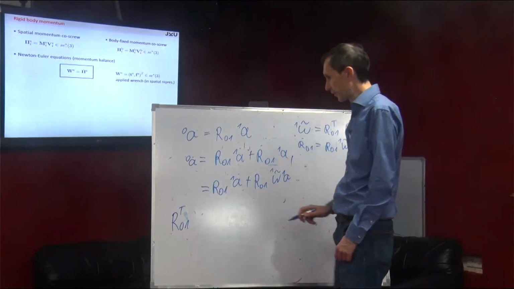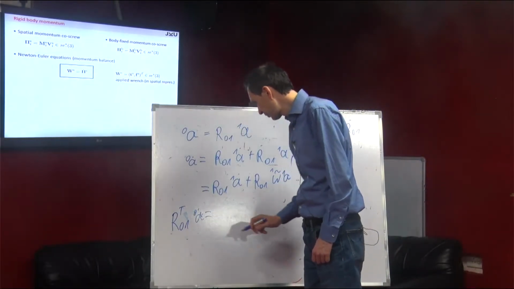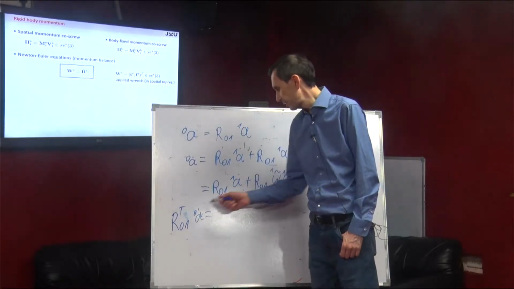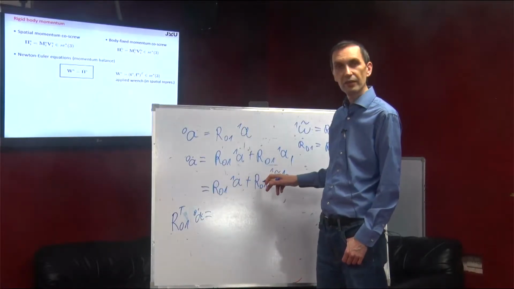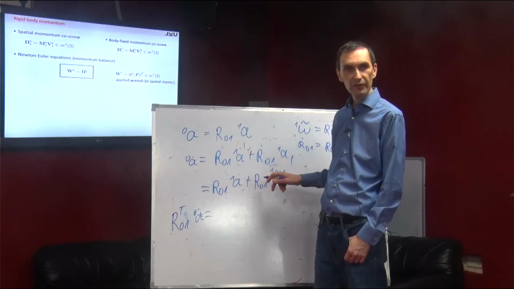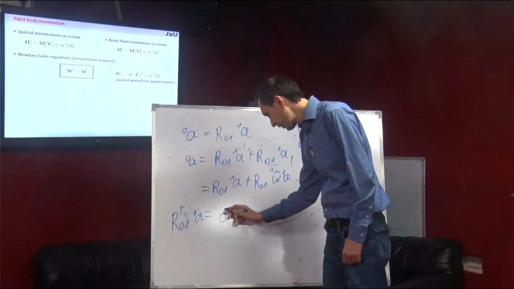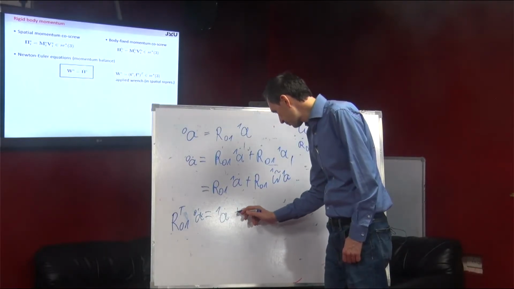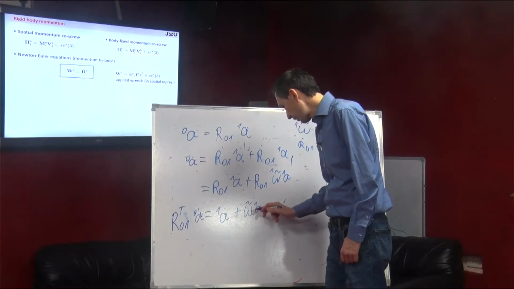So I have A0 dot equal to, if I multiply the whole equation with the transpose of this matrix, which is the inverse of this matrix, this goes away. Then we get A1 dot plus omega tilde A1.